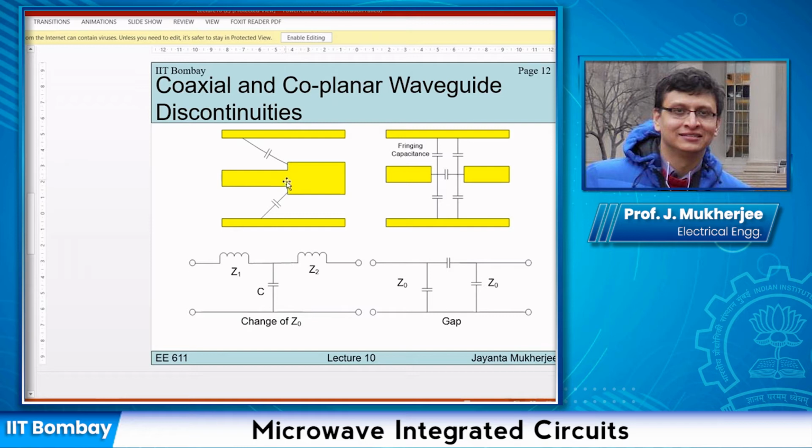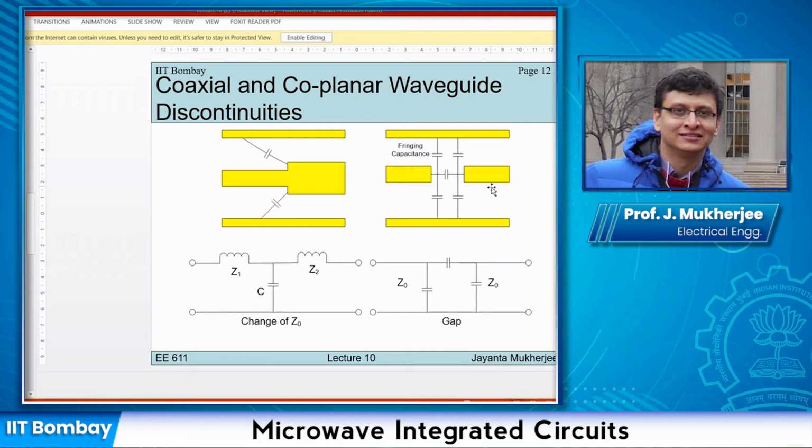So the model for this structure, in between two transmission lines, one having narrower width, the other having wider width, and its equivalent structure is like this. Now these capacitances are actually the capacitance between this junction of the two transmission lines and the outer conductor.